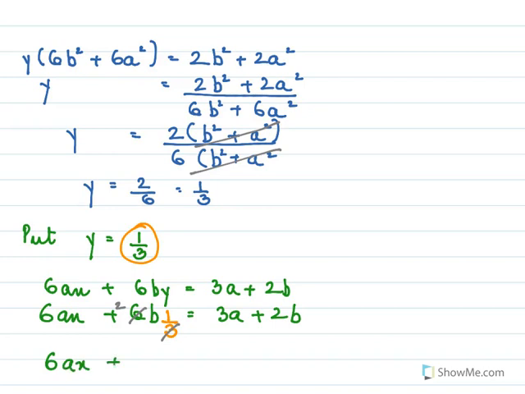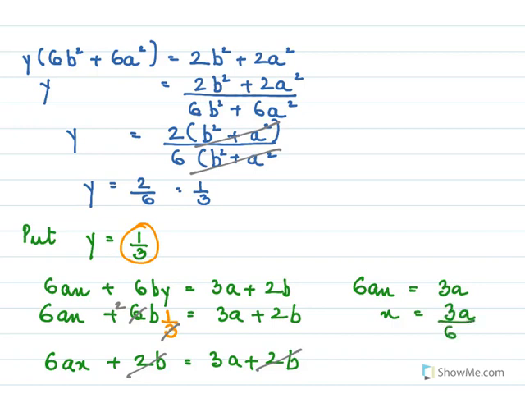So I have 6ax plus 2b equal to 3a plus 2b. Now there's 2b on either side, so I cancel out the 2b. So I get 6ax equal to 3a. I need to find the value of x. So x equal to 3a over 6a. So x equal to 1 by 2. So my answer, y equal to 1 by 3, x equal to 1 by 2.